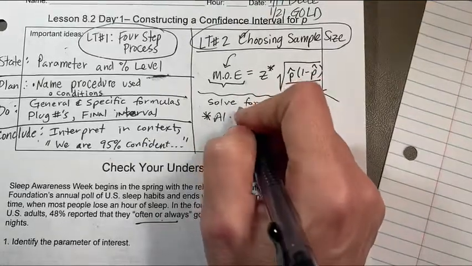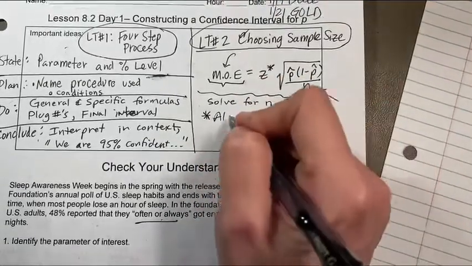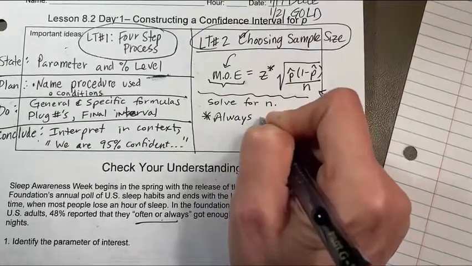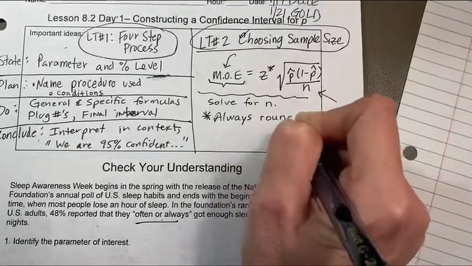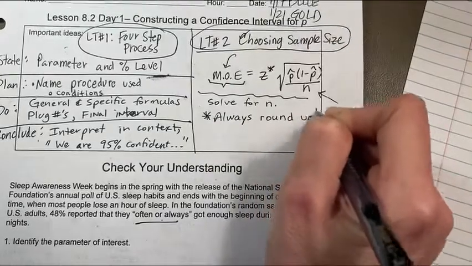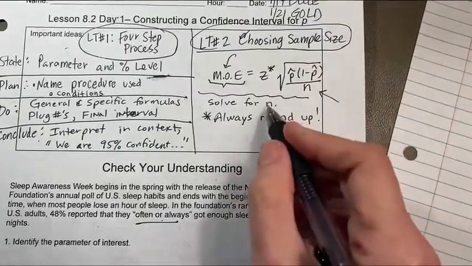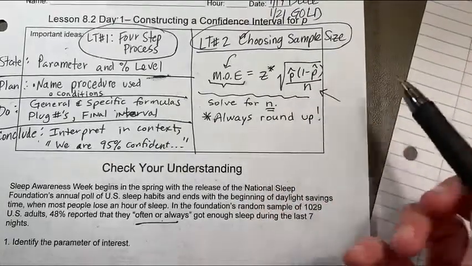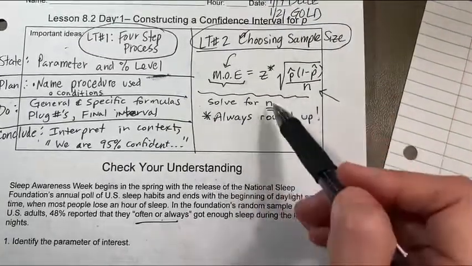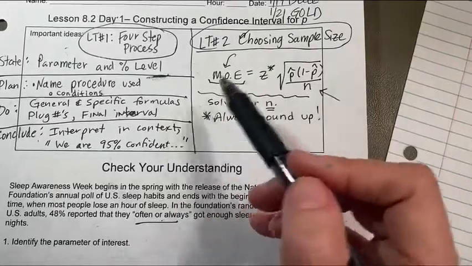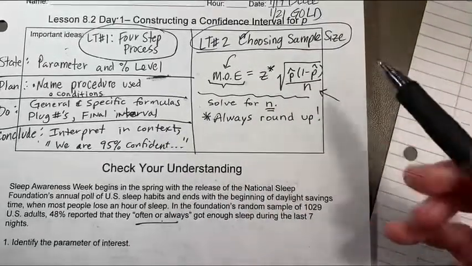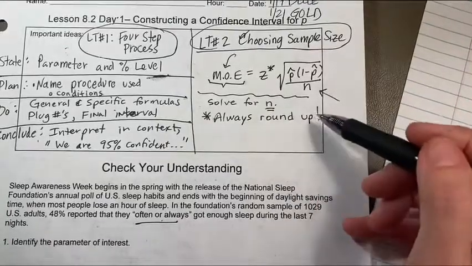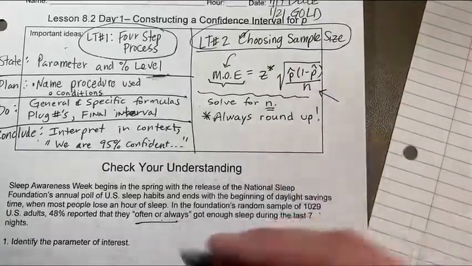So a couple things, rules of thumb we'll practice. We always want to round up here because we want to be conservative. Okay, so we're always going to round up when we solve for n. Hopefully that makes sense, that if you stopped and rounded down, then you were just shy of enough people. Okay, and having one extra person in your survey is not bad, but having one less could be a problem.